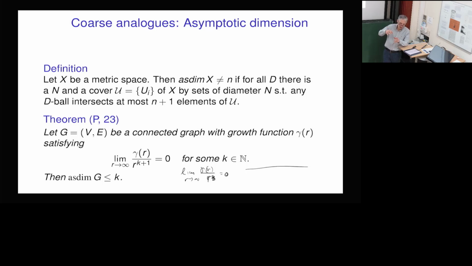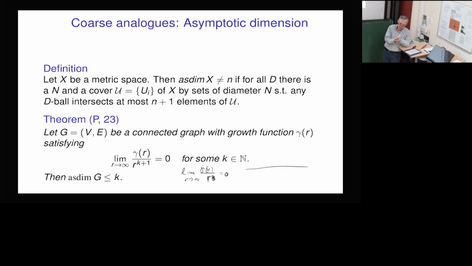If your growth falls below k plus 1, then the asymptotic dimension drops down and it's k. The way you define growth is you take the supremum of the growth everywhere, so it's likely, even though I cannot guarantee it right now, that somewhere you're going to have big growth.